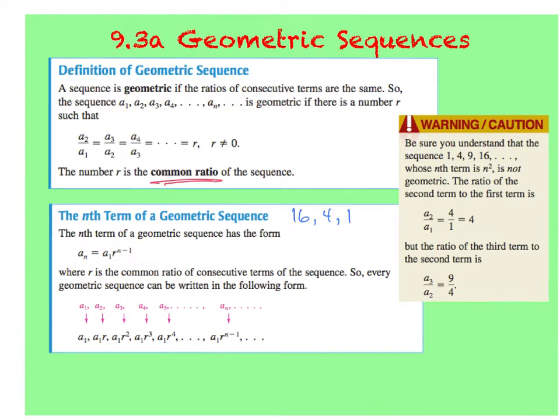You following me? All right, so we needed to write our a sub n. You found out how important it was with arithmetic. It's still important for geometric. So our a sub n is equal to my first term, a sub 1, times whatever my common ratio is, what's being multiplied from term to term, to the power of n minus 1.